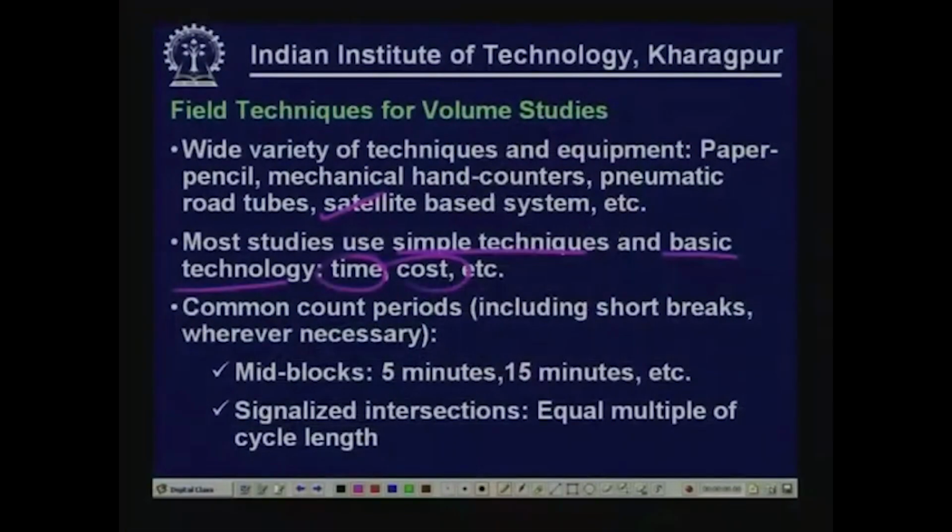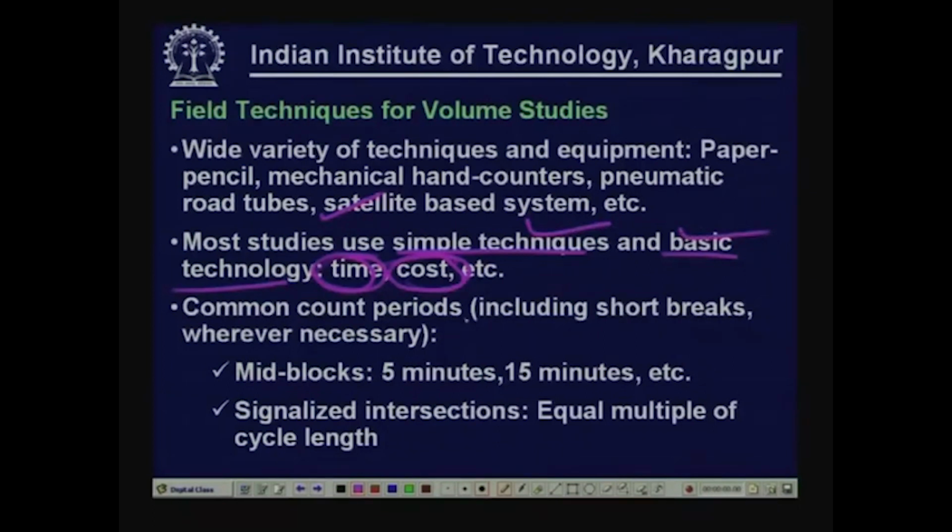Of course, you can improve the performance, there are many ways and means to do that, but in almost all cases it is very simple, you can quickly set up and it is not expensive. So, mainly considering the time requirement and the cost requirement, most studies are carried out using simple techniques and basic technology. These are the two things.